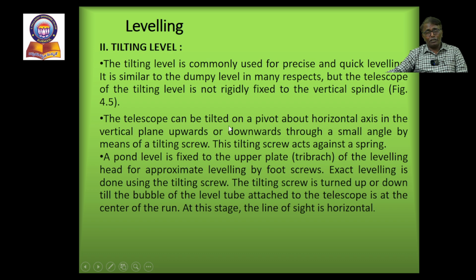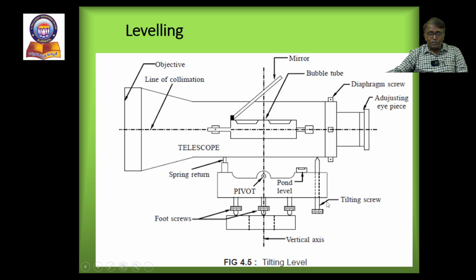The telescope can be tilted on a pivot about a horizontal axis in the vertical plane, upwards or downwards through a small angle by means of a tilting screw. You can see the tilting screw is there. Same as usual, the telescopic arrangement will be there: eyepiece, objective, line of collimation is mentioned right here, and a bubble tube, with a mirror to see the bubble.